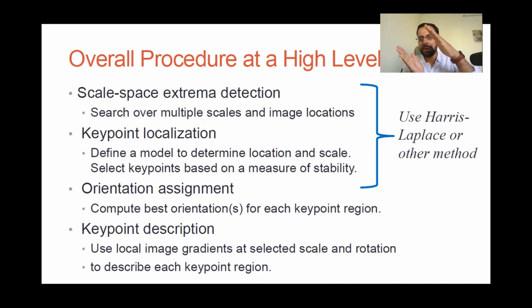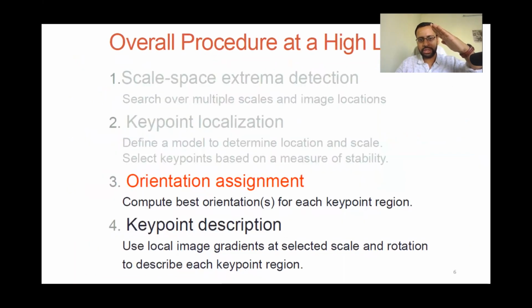You need to figure out which is the dominant orientation in the image. You rotate that key point patch in that direction, and then this becomes your new north. Hope you understand what I mean when I say north. Assume that this is your dominant orientation. I think I have an image here.